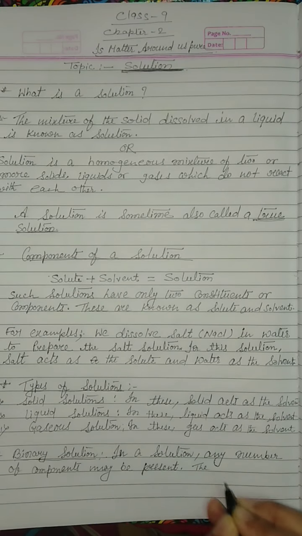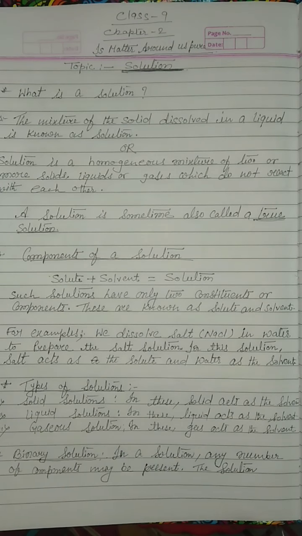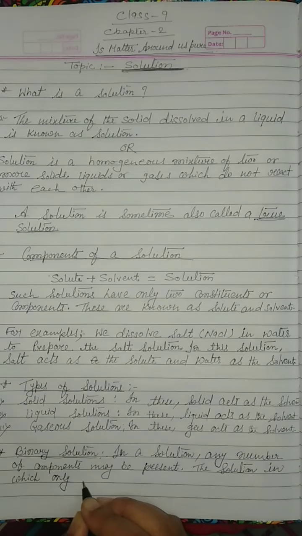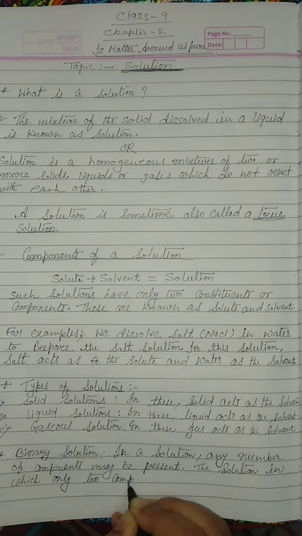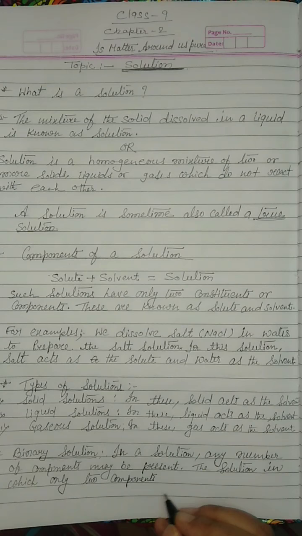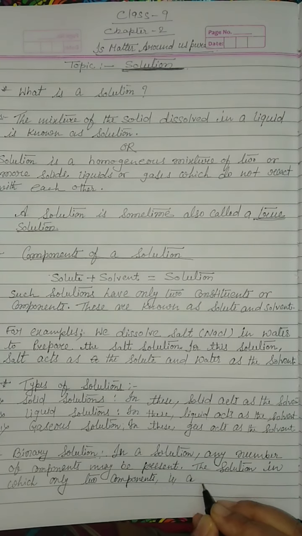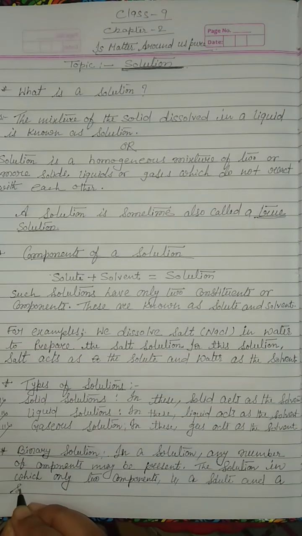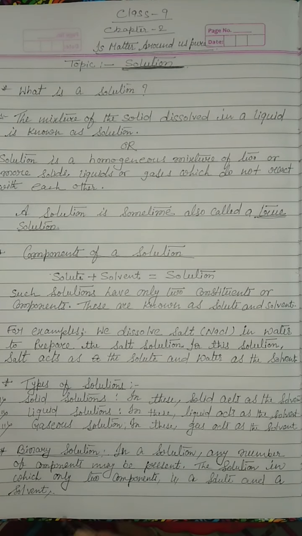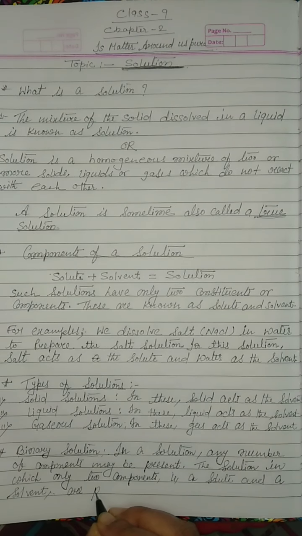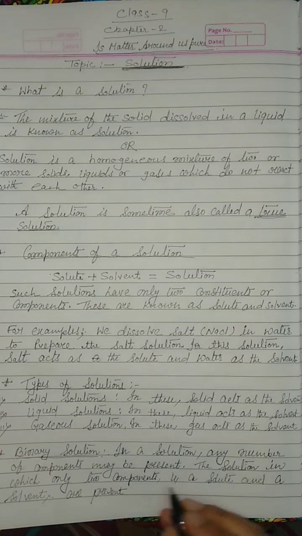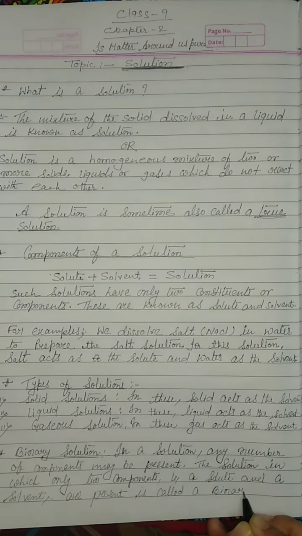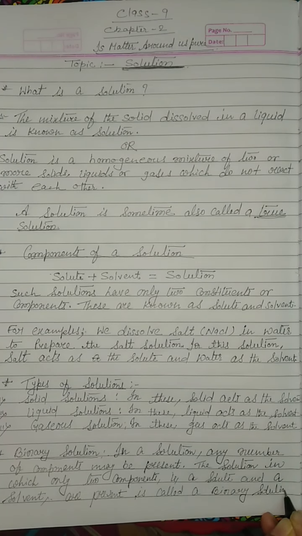The solution in which only two components, that is a solute and a solvent, are present is called a binary solution. Okay, students?